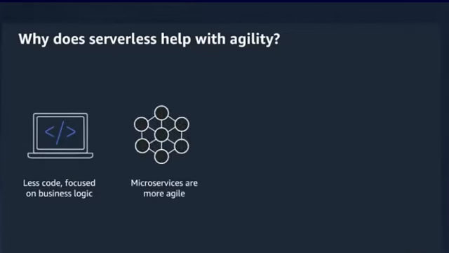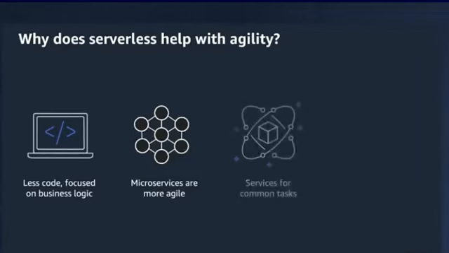Microservices are more agile. So monolithic applications are much more fragile. A lot of times if you break one thing, you break everything, right? So with microservices, it's easy to split up and work into teams. You have services for common tasks. So a lot of your repetitive tasks like auth, database handling, session management can be handled with the different AWS services.